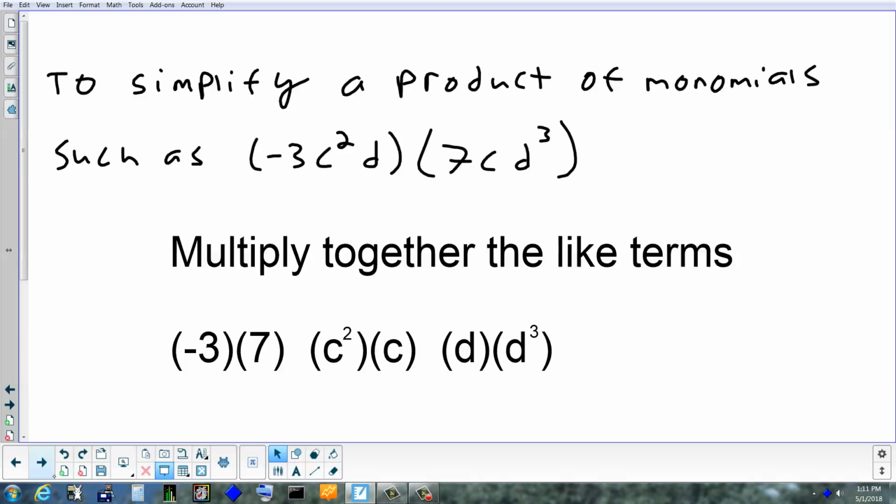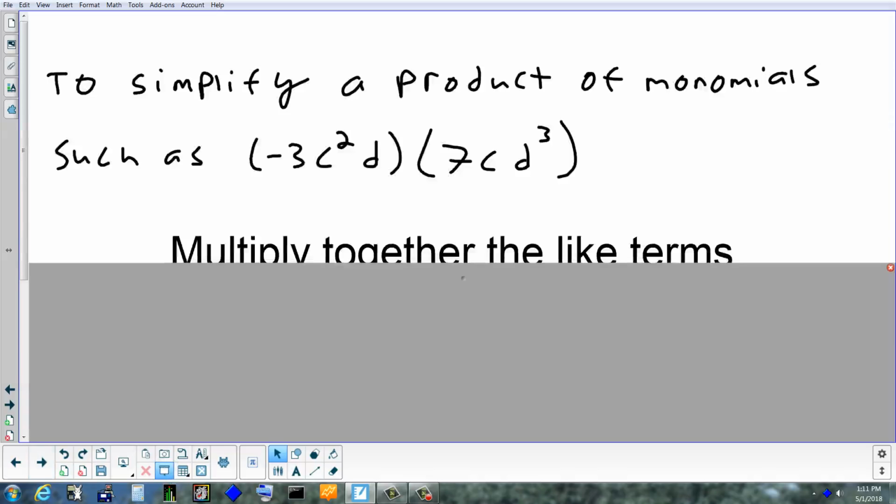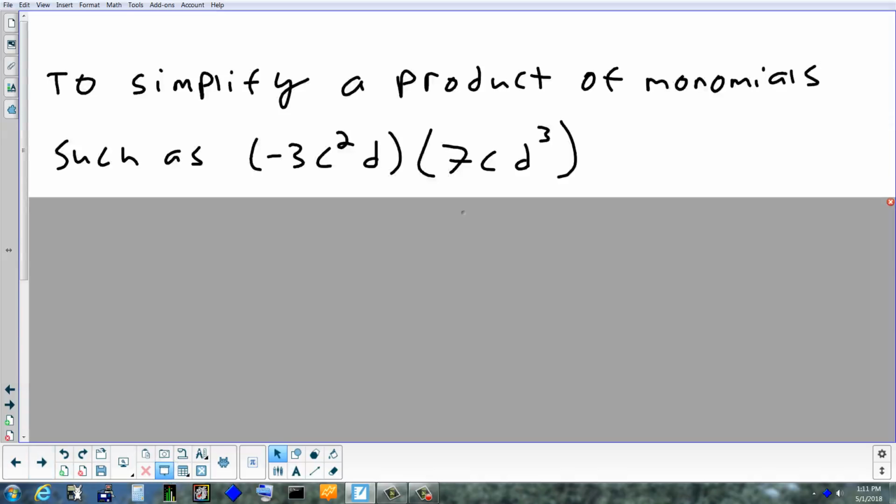Let's look at another one that has more than one. Okay, let's look at this one. What's different here is the like terms are kind of spaced out. -3. Can anybody tell me something else here that looks like a -3? -3 is just a number, a 7.